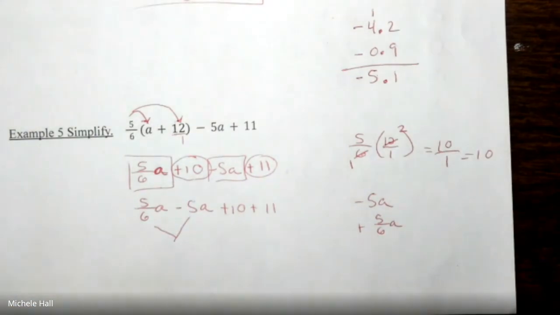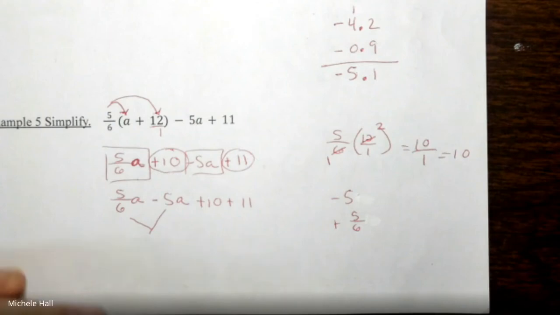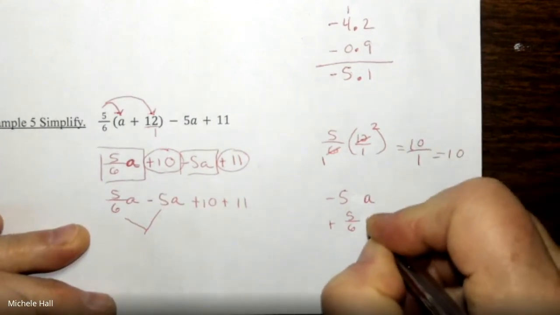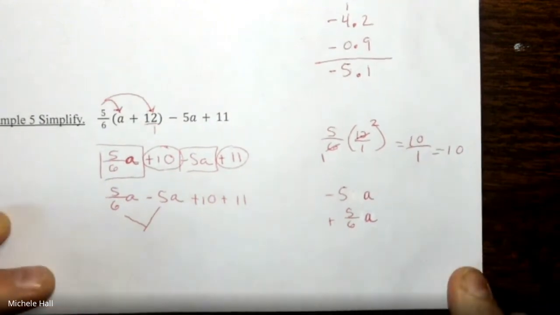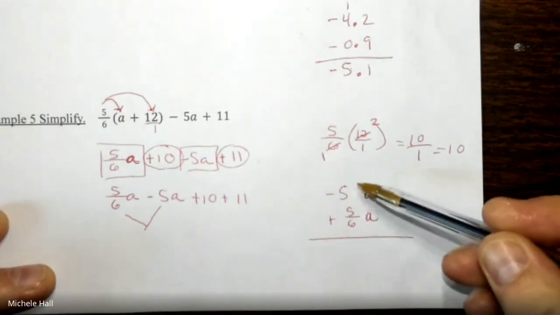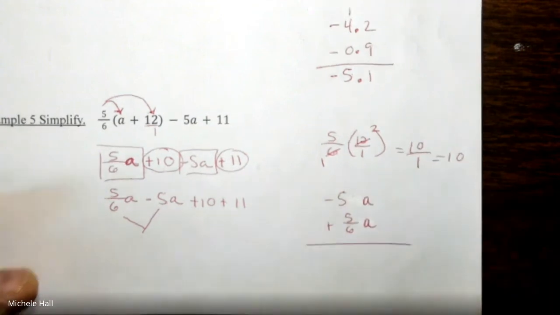I would like to keep my a's in the same column, my fractions in their column, and my whole numbers in their column. So I'm going to rewrite this. All right. I have my a's in the same column together. I have fractions in a column, and then my whole numbers in another column.